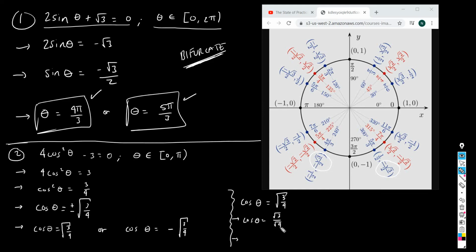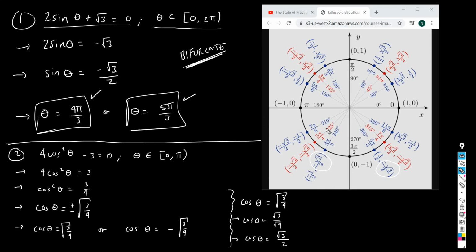Well, I know that the square root of 4 is 2, so I get down to this. Cosine of theta equals the square root of 3 over 2. And if you want to simplify this any more, you're going to fail because there isn't anything else to be done.